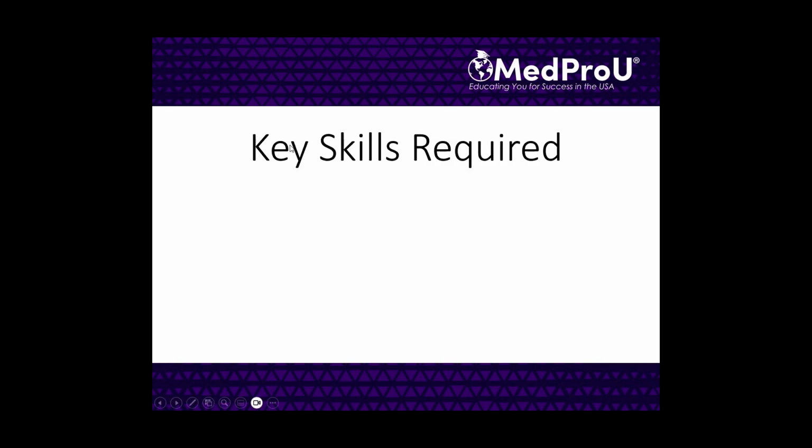So here are the skills required in IELTS Writing Task 1. Number one, data interpretation. In task one, you have to identify the key trends, the differences, and comparisons. You also need to summarize.